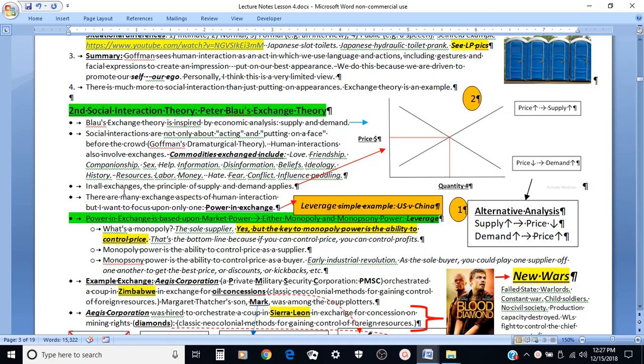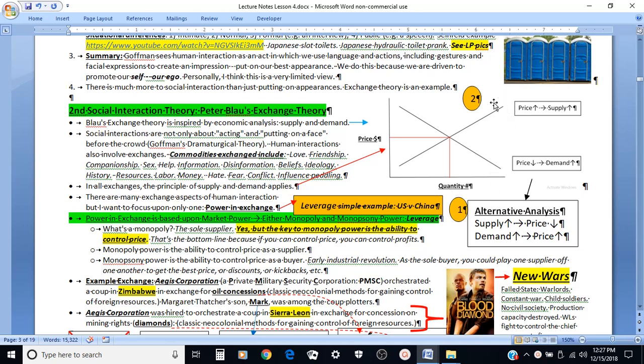Now, in all exchanges, the principle of supply and demand applies. So, I'll briefly explain this to get a foundation framework. All right. So here's a supply and demand curve. On the y-axis, you have price. On the x-axis, you have quantity of commodities.